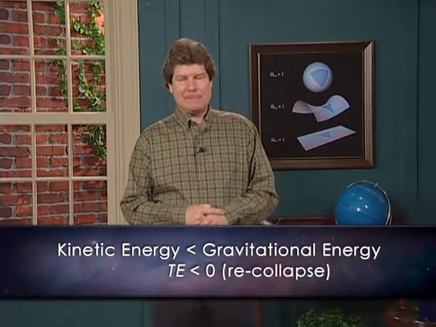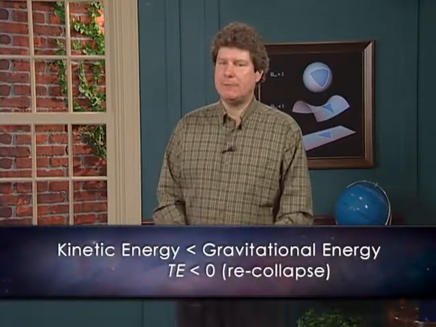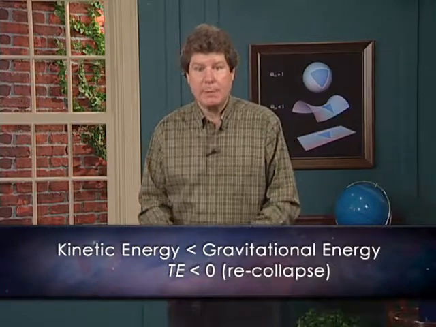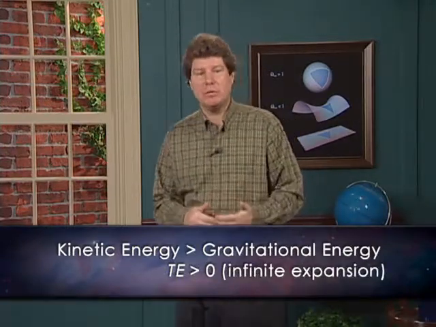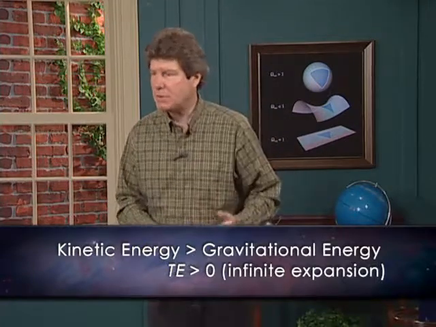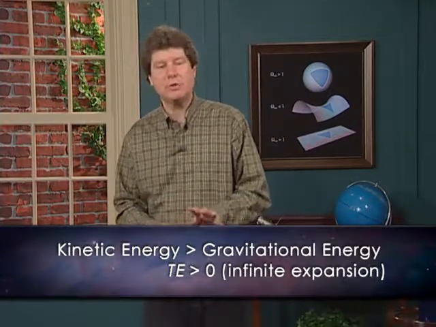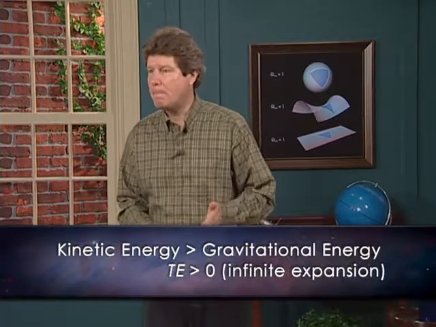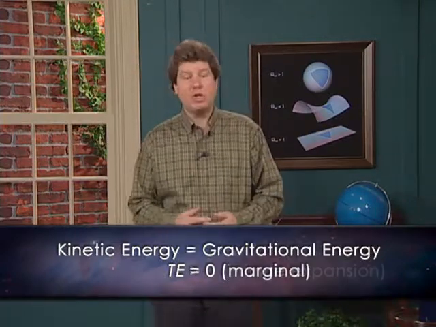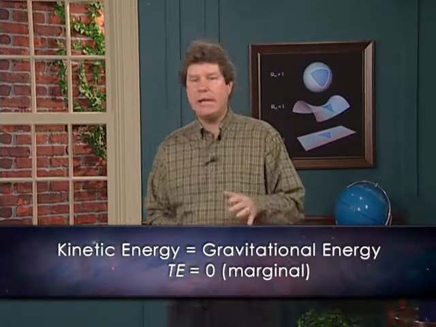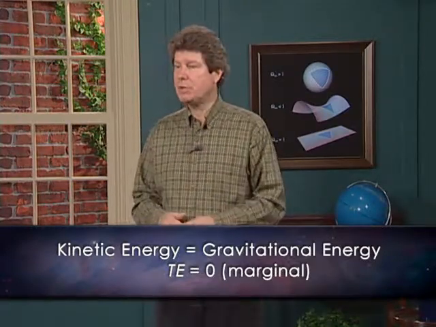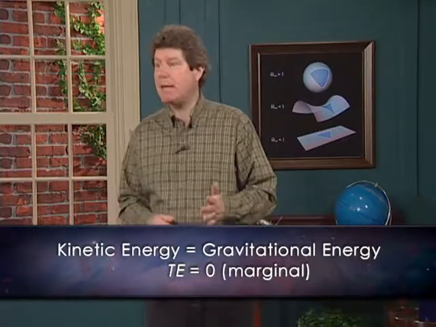If it's less, the total energy is negative and the sphere recollapses. If it's greater, then the total energy is positive and the sphere expands forever. And there is, of course, a very important marginal condition. When the total energy is zero, the rock goes out, but it never quite stops and turns around, but neither does it steam ahead.